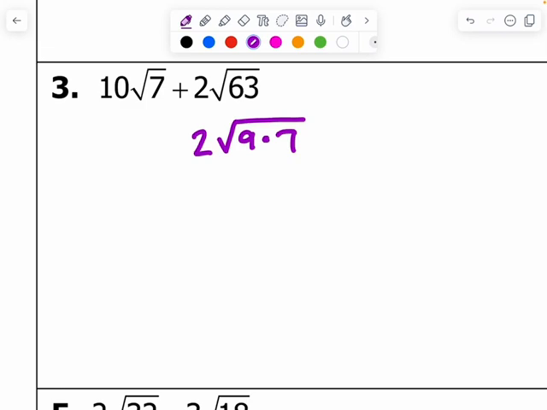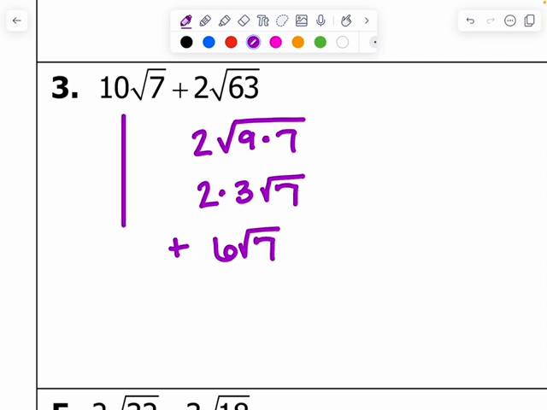So when I take the square root of 9 times 7, that's the same thing as 3 square root 7. And then this 2 is still being multiplied to that square root. So we end up with 6 radical 7. And then we can bring this guy down here, 10 radical 7.